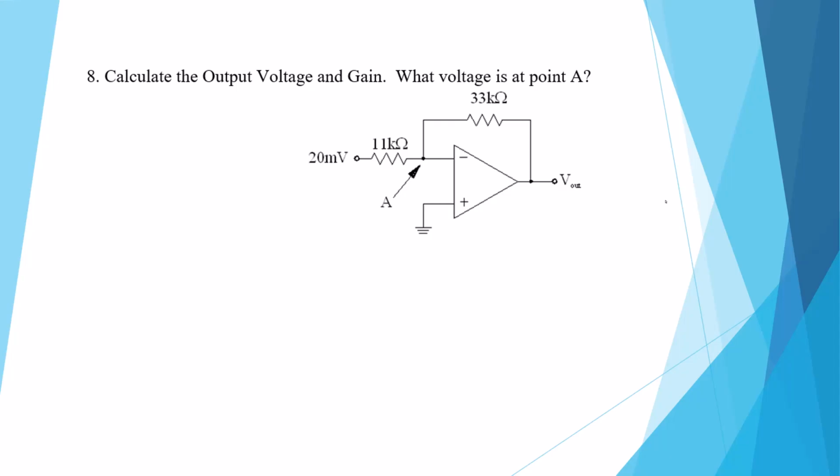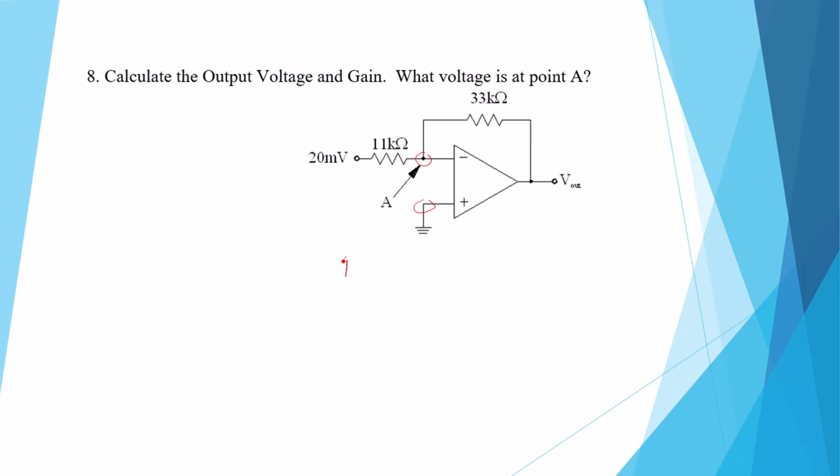Here we have an inverting amplifier. We're looking at what we call the virtual ground. The inputs of our op-amp are going to be equivalent at our inputs. Since this one is held at ground, this one's going to be held at ground, which is 0 volts. So that point A is 0 volts. And let's figure out our gain.